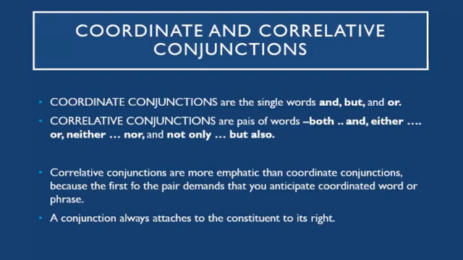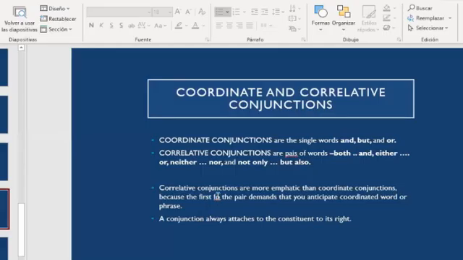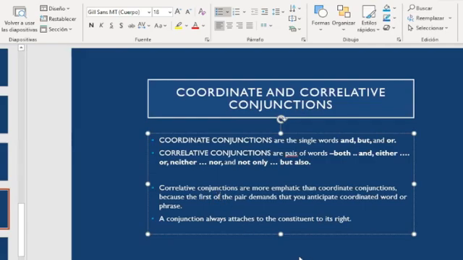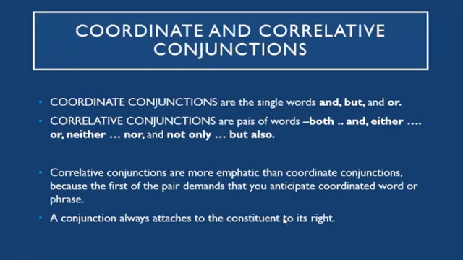Correlative conjunctions are more emphatic than coordinate conjunctions because the first of the pair demands that you anticipate a coordinated word or phrase.